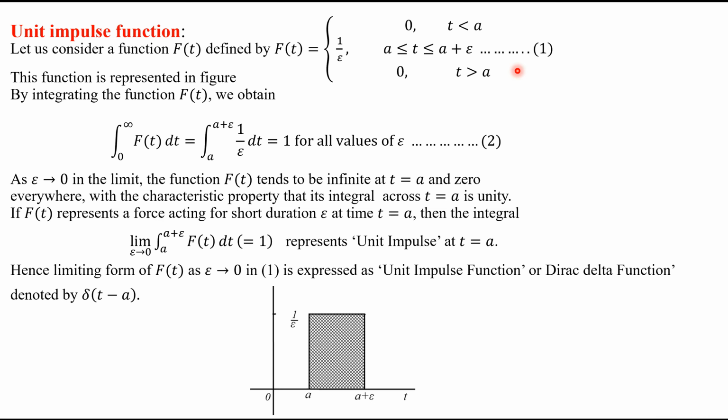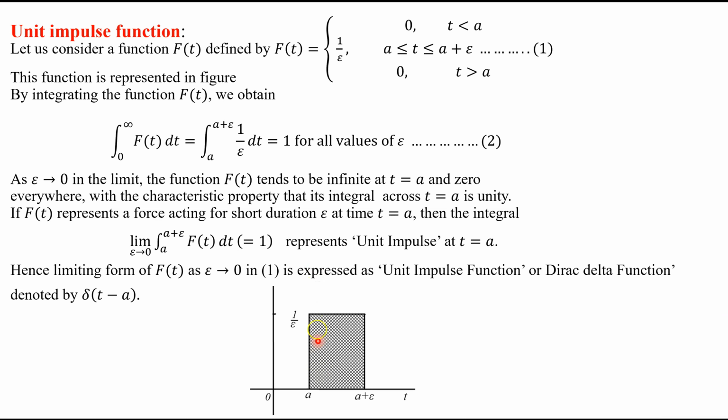Whenever we consider a small duration of time, a to a plus epsilon, in this small duration 1 upon epsilon indicates the impulse, the unit impulse function f of t. When epsilon tends to 0, this width becomes very small, so 1 by epsilon tends to infinity.